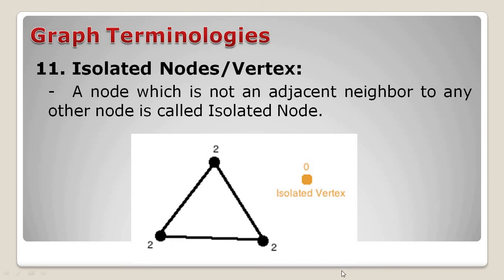Consider this particular example, where we have the nodes 2, 2 and 2, and among these nodes we have edges, and one more node, that is 0. Here, for the 0 we don't have any neighbor. It means that we don't have any edges. So in that case, 0 is called an isolated vertex.